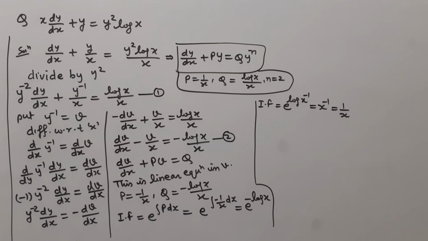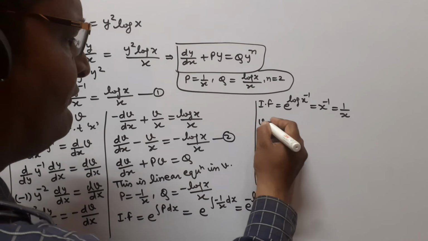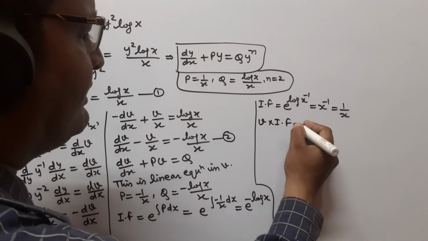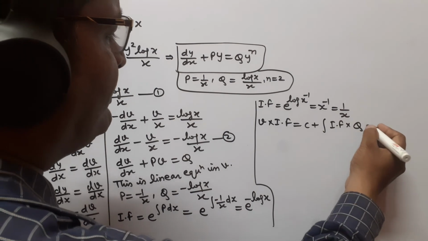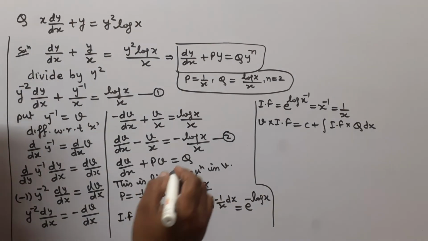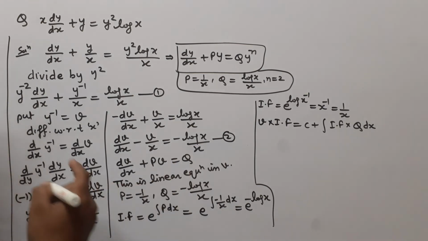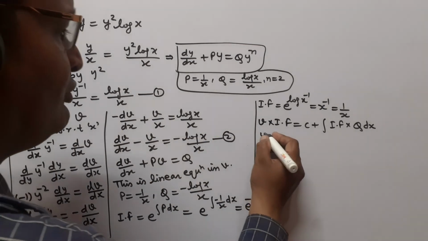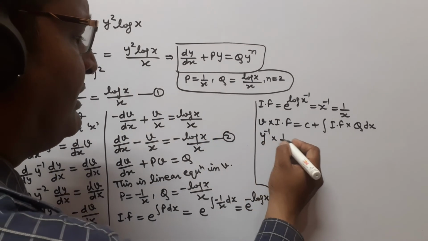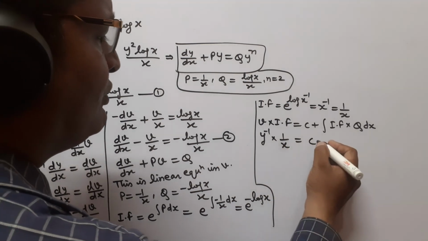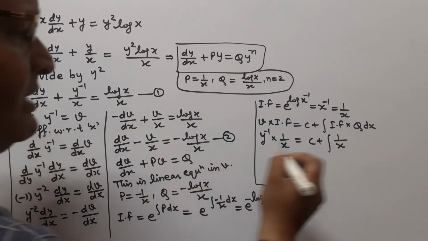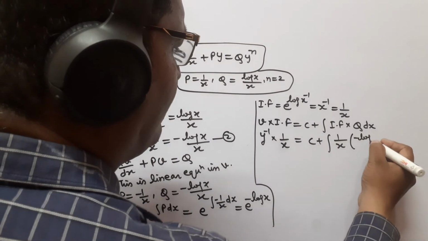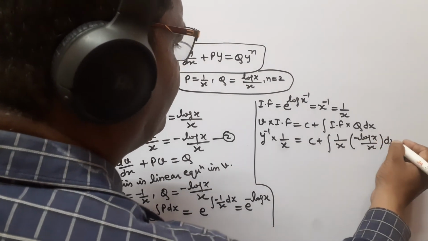Now we write the solution of equation 2, which is v multiplied by the integrating factor is equal to constant plus integration of the integrating factor multiplied by q dx. So we put the value of v, which is y to the power minus 1, and the integrating factor is 1 upon x, equal to constant plus integration of 1 upon x, and q is minus log x upon x, dx.